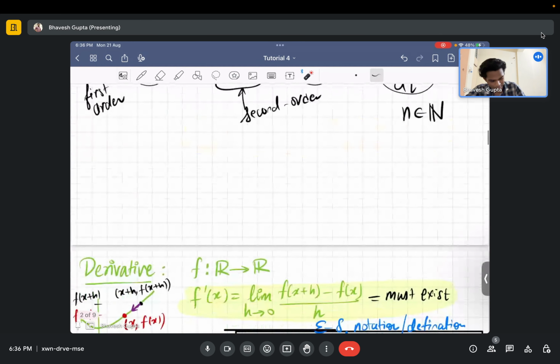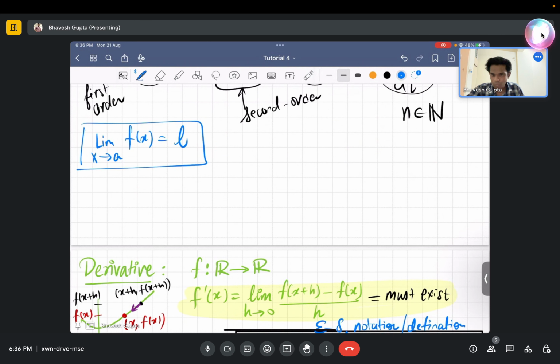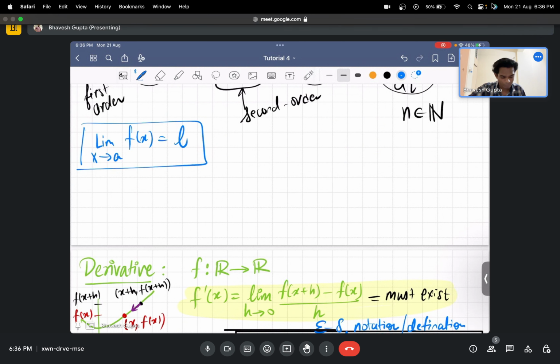Let me give you an example here. Let's say the limit as x tends to a turns out to be some L. Because I'm claiming that this limit exists and is equal to L, the way we write it is: for all epsilon greater than 0, there exists an interval.